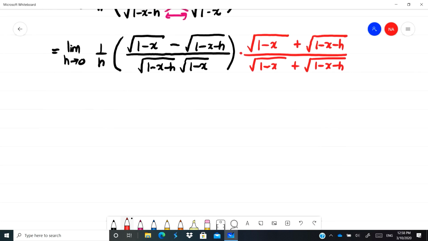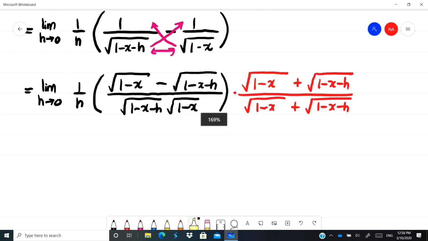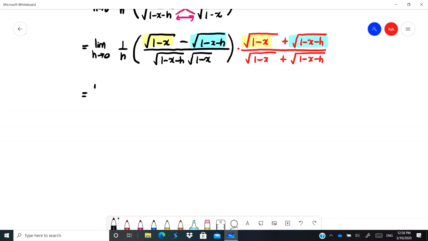Okay, so when you have this, I'm trying to multiply this part of this part, and also this part of this part. So we'll have limit as h approaching 0 of 1 over h. So I'll have square root of 1 minus x squared minus square root of 1 minus x minus h squared.